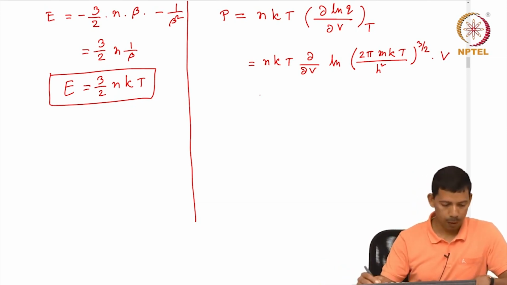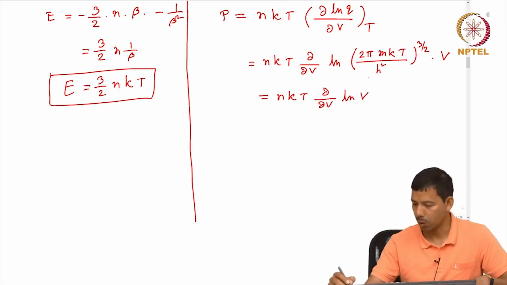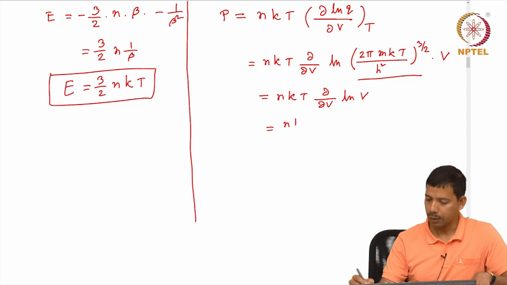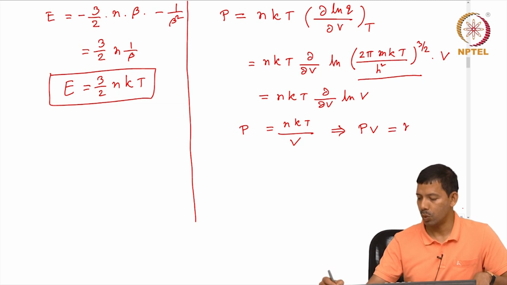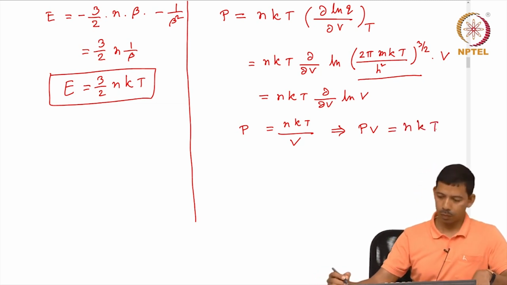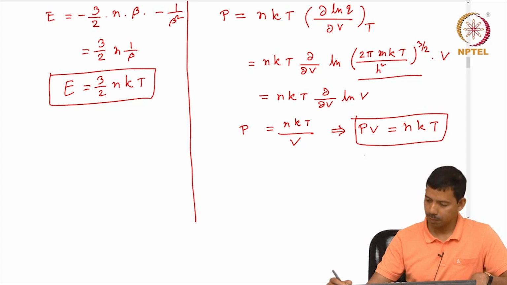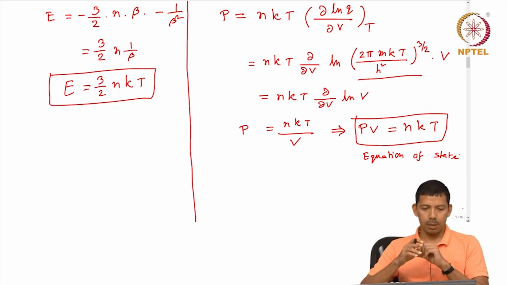Since everything else is constant here, we get simply N kT del by del V of ln V. That gives you N kT by V, and thus your PV is equal to N kT, which is the equation of state of an ideal monoatomic gas system.